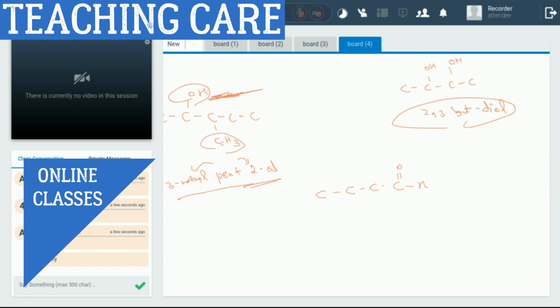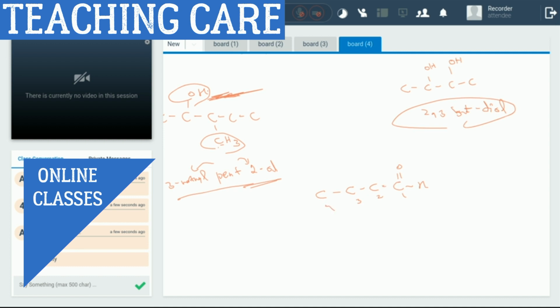What is the name of that compound? You have already studied that. This is CHO. CHO means aldehyde. You know that. Always start from that, and it is inclusive.